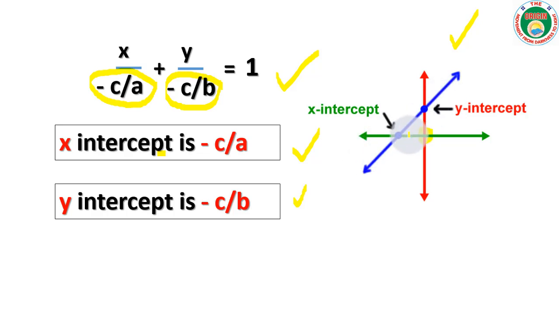This line intersects the x axis here. This length is called the x-intercept. And the same process applies for the y axis also. This line intersects the y axis at this point. The distance between the origin and this point is the y-intercept. That is the meaning of intercept.